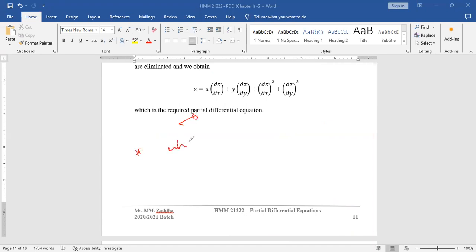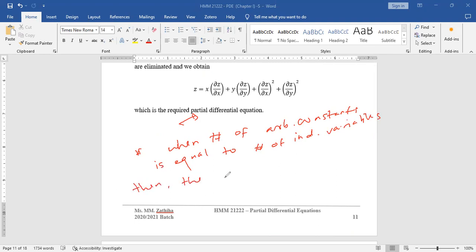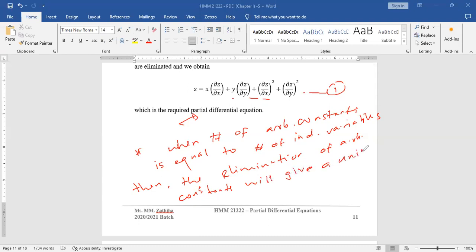Second one says: when the number of arbitrary constants is equal to the number of independent variables, then the elimination of arbitrary constants will give a unique PDE of first order. See, in this equation we have only one solution.